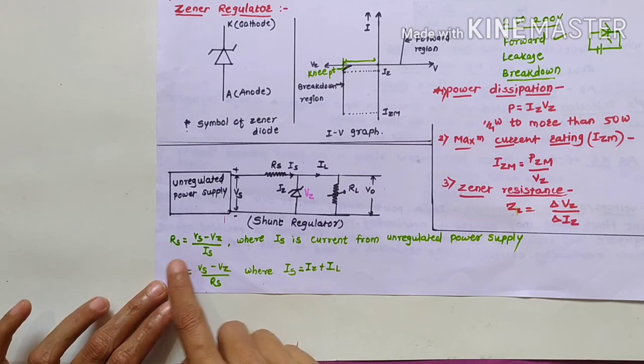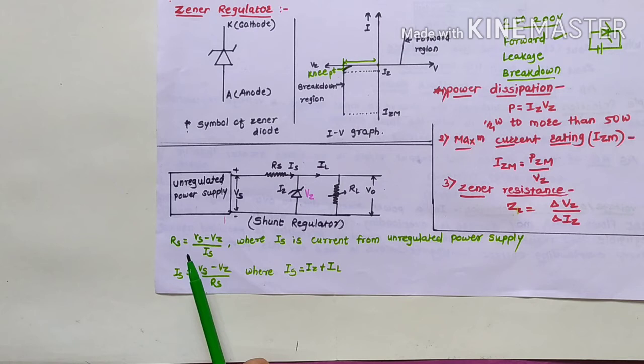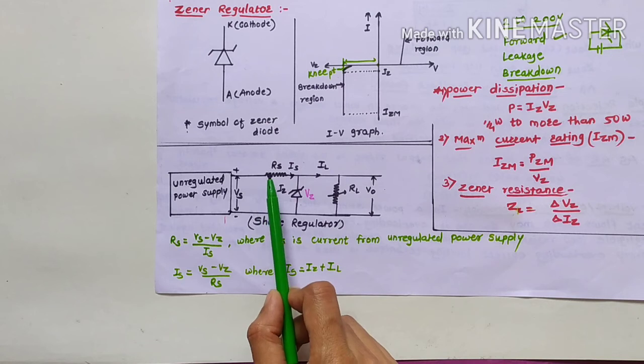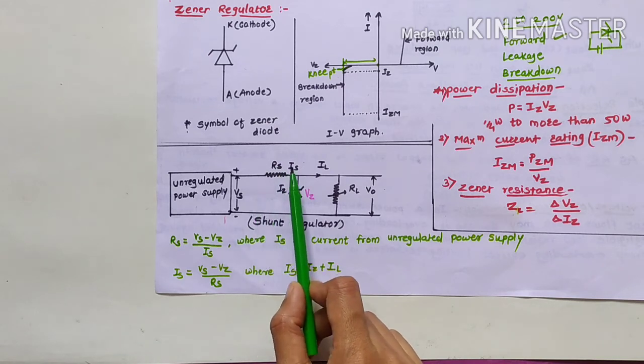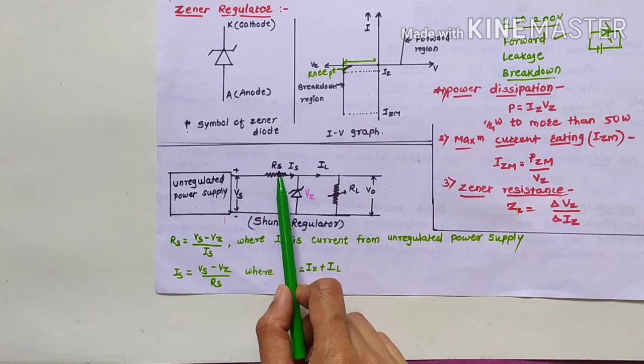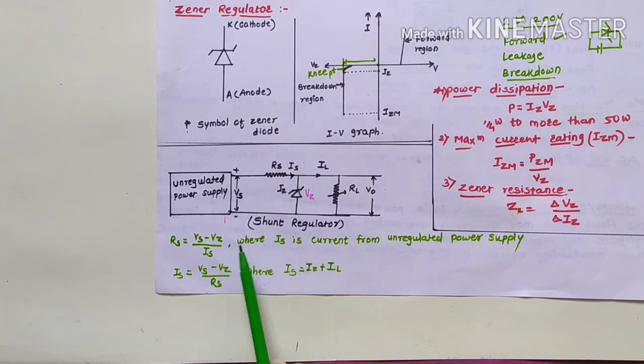is most important. Why? This equation gives the voltage upon current, that is, the resistance of this unregulated power supply, and this is given here as the series resistance. So the current through this supply is given by this Rs, that is Is.